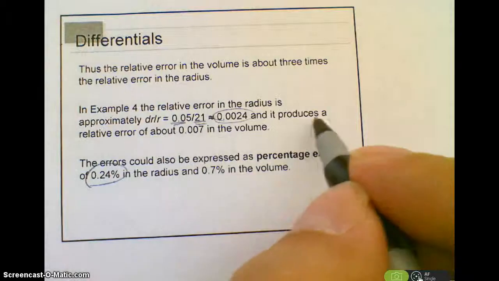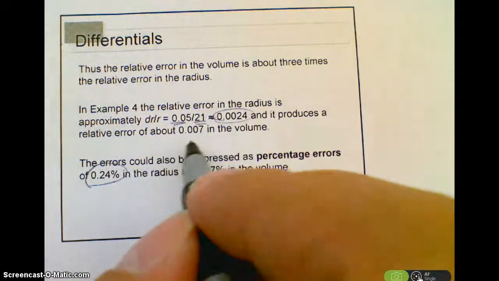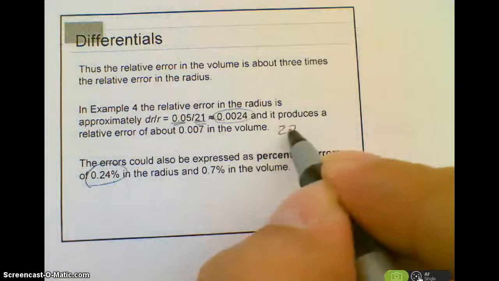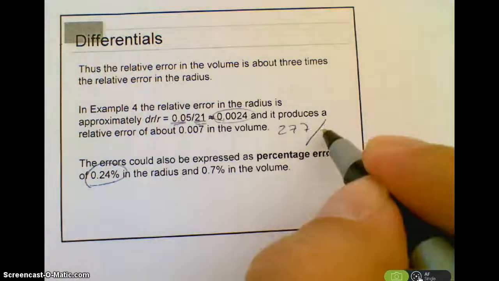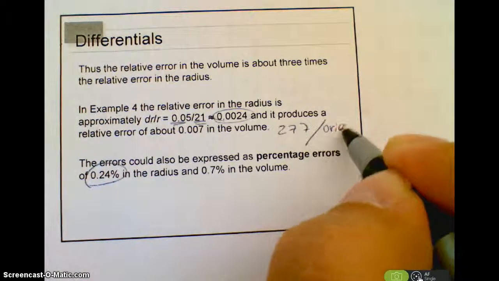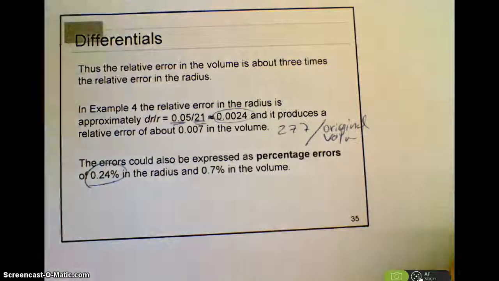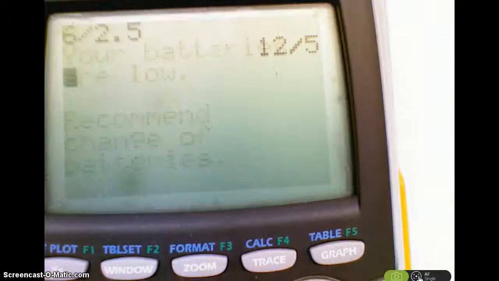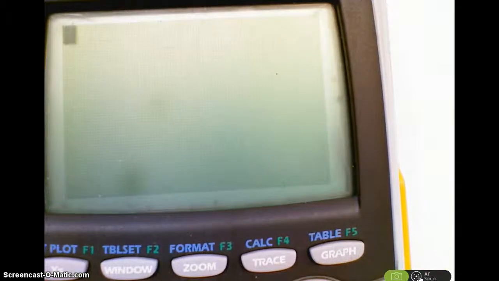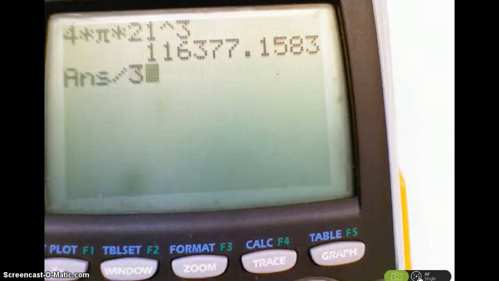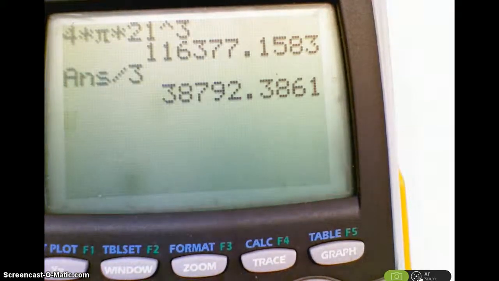Then for the relative error that the volume will produce, you will have to do 277 divided by the original volume. You find the original volume by doing 4 times pi times 21 to the third power, and that divided by 3, and that will be the original volume.